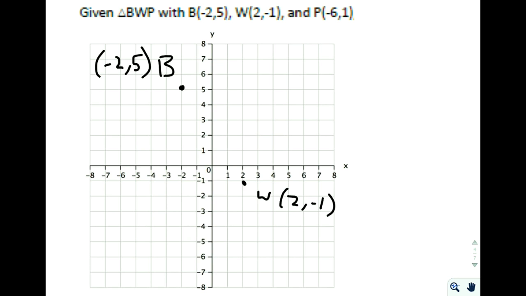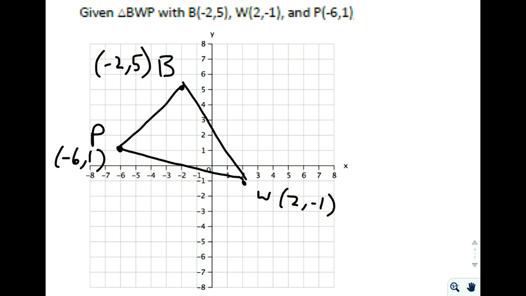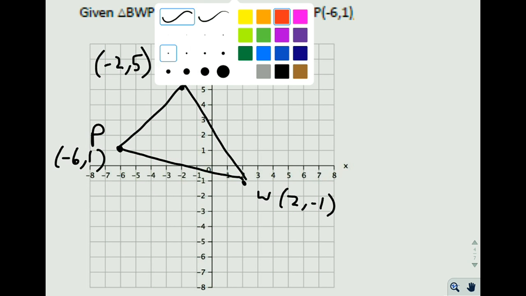And then the last one is p is back 6, down 1, or up 1. So make sure you label your stuff as you do it. Connect your points. You don't need to draw these perfectly, but the better you draw them, the better a check they're going to serve when you're checking your work and making sure things make sense.